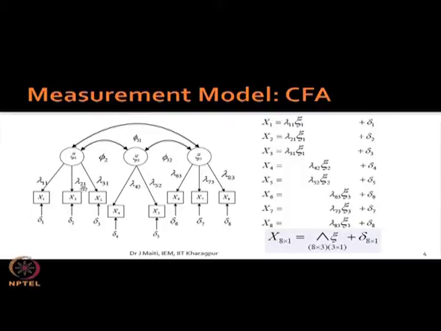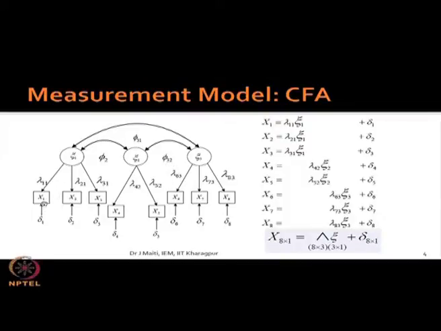Apart from this correlation between the constructs, which is denoted by phi, this one is phi 2 1, this is phi 3 1, and this curved line is basically phi 3 2.